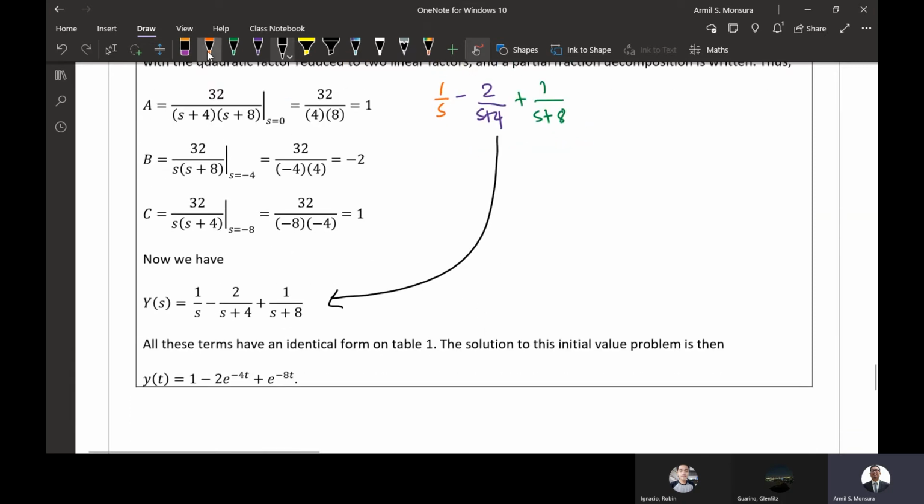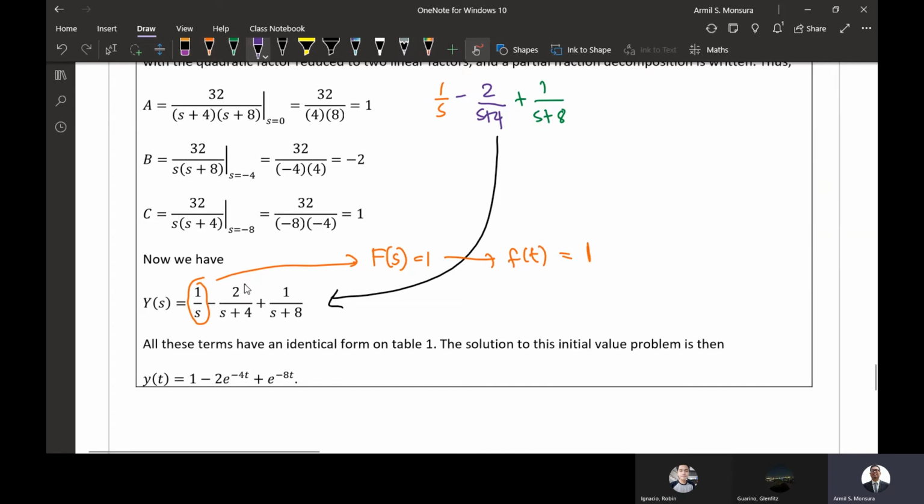Okay. Now, yung first term ay makikita niyo sa table 1. Yan yung kung ang F of s niyo equals 1, okay? Ang corresponding f of t natin dyan ay nakalagay doon u of t, pero again, i-consider natin siya as 1. Okay? So, ayun.